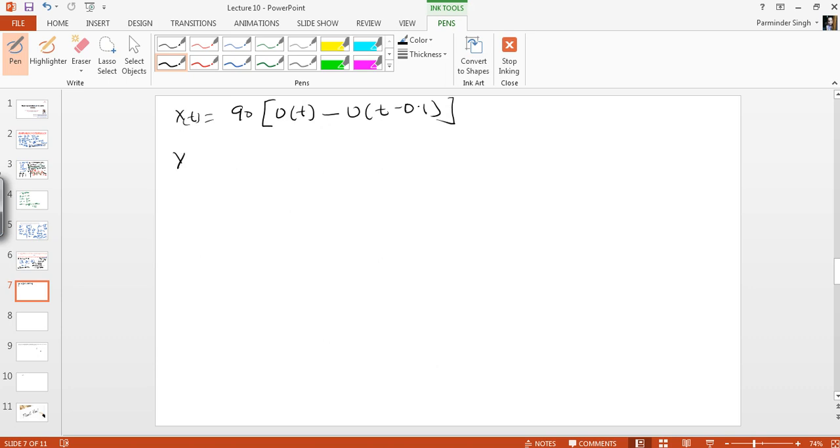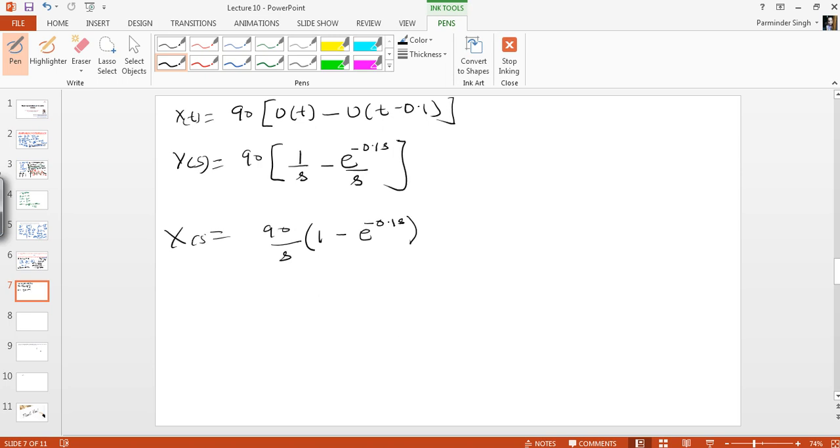So we can have X(s). What will be X(s)? 90, u(t) is 1 by s. Then this is again u(t), that is 1 by s, but there is a lag of 0.1 minute, so we write e to the power minus 0.1 s. So this is nothing but 90 upon s into 1 minus e to the power minus 0.1 s. That is your X(s).